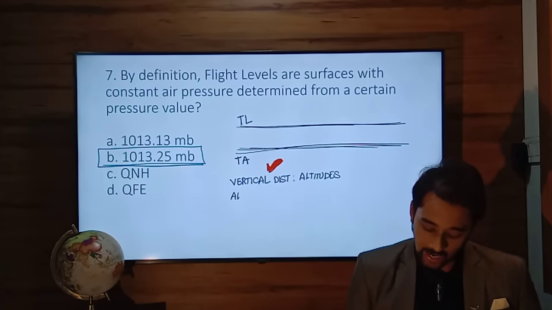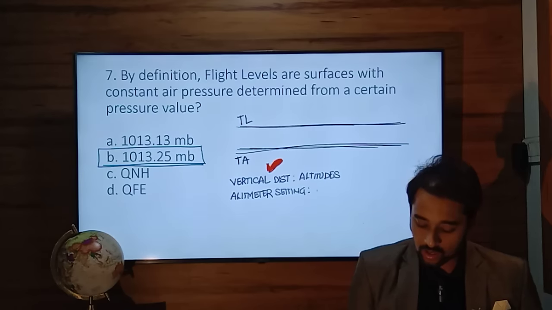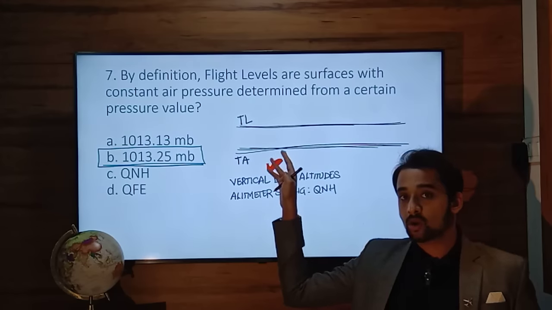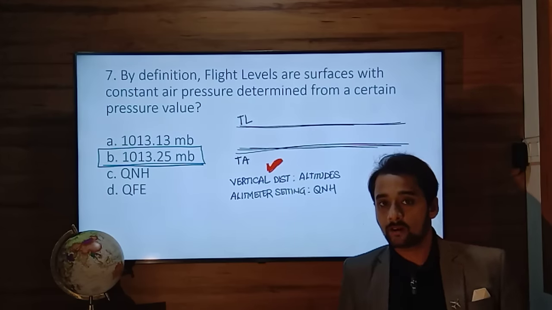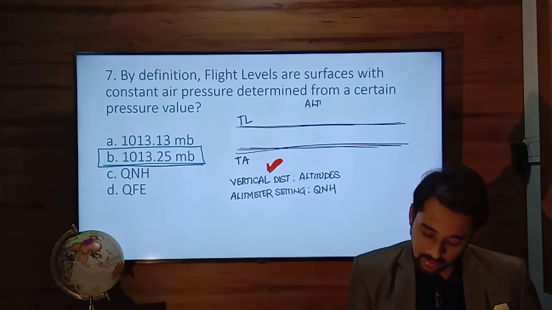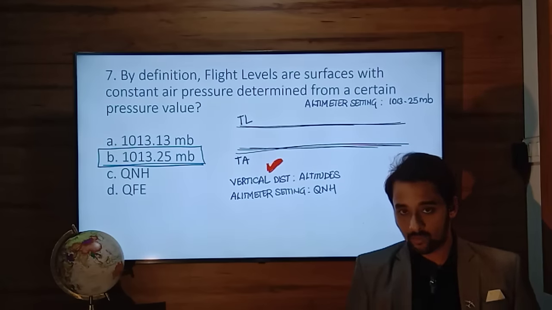The altimeter setting at or below transition altitude will be QNH. When the airplane during its climb crosses transition altitude, it is the duty of the pilot to change its altimeter setting from QNH to standard pressure setting, which is 1013.25 millibars.